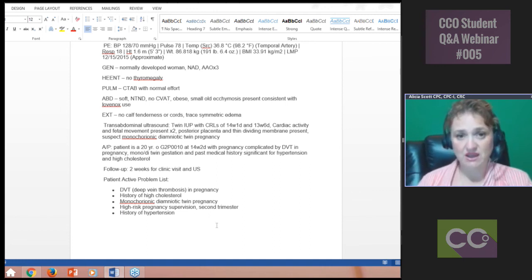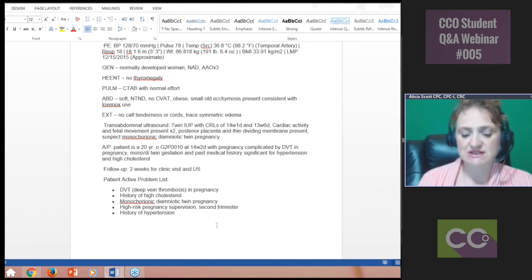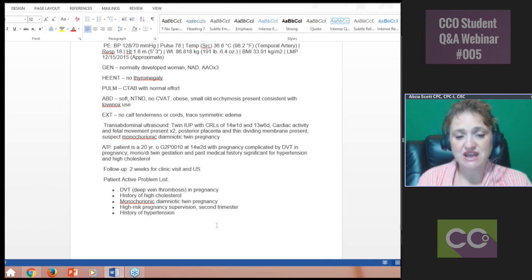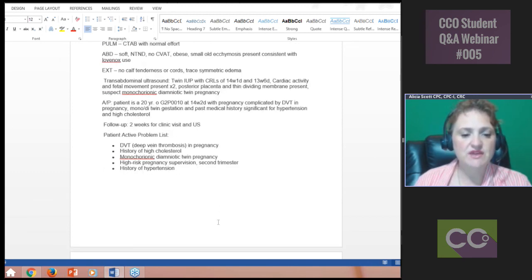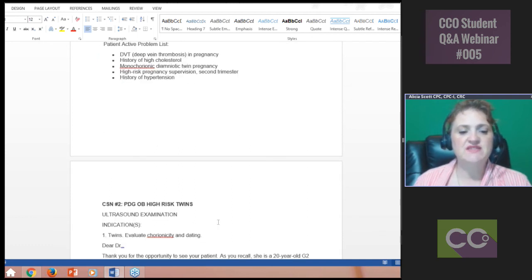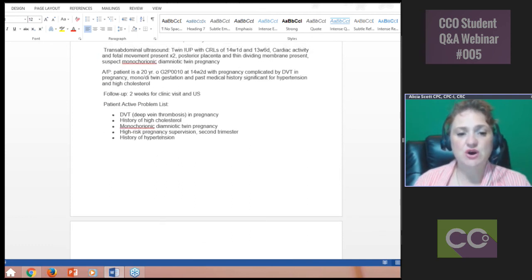That's what our guidelines tell us. But it's obvious with this documentation that they're stating a history of, in the context that the patient has in the past had high cholesterol and hypertension and still presently has it. Okay, you can prove that. So that is what we would code, and there is a code for this particular type of twin.